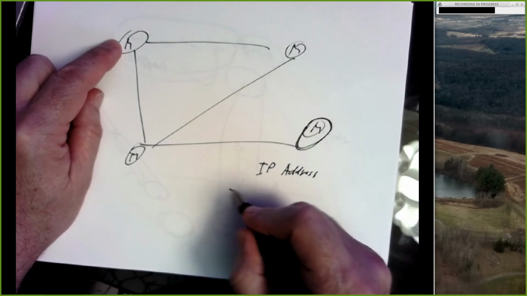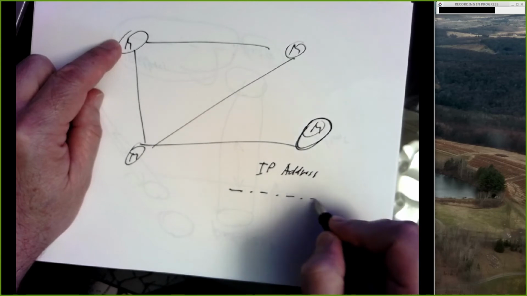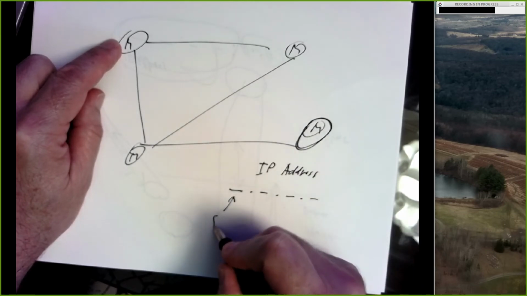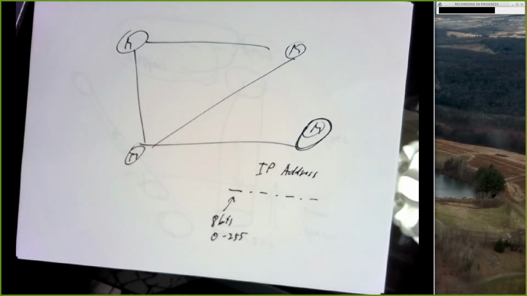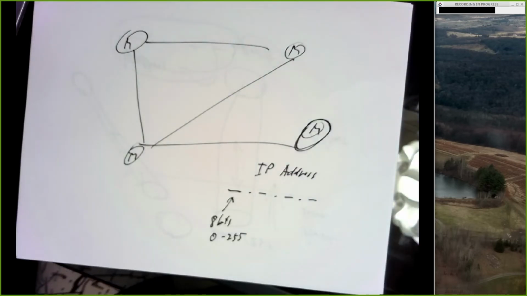IP addresses are 4 bytes. So 4 numbers, each number is 8 bits, so it's something from 0 to 255 decimal. 77.18.4.11. That might be someone's IP address. It corresponds to a particular machine.